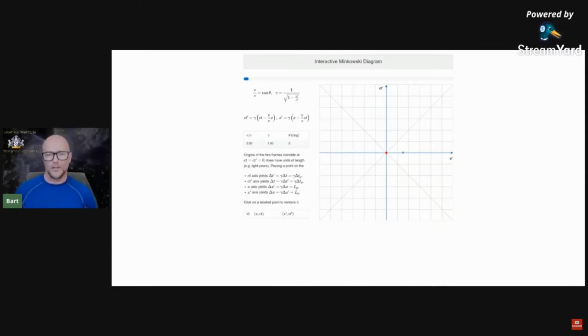So the 90-degree section here above the blue axis, through the point where you are right now, that is your future light cone. That is everything that you can perceive in the universe. Okay?